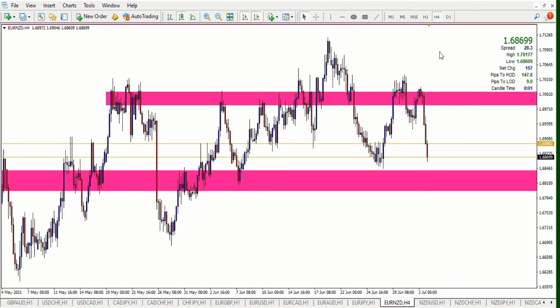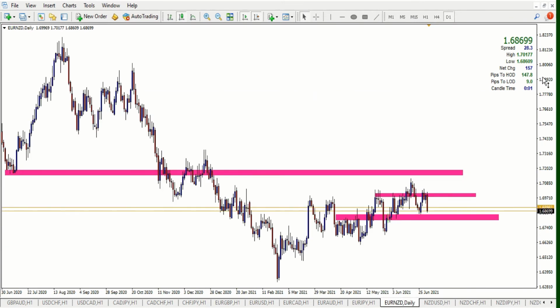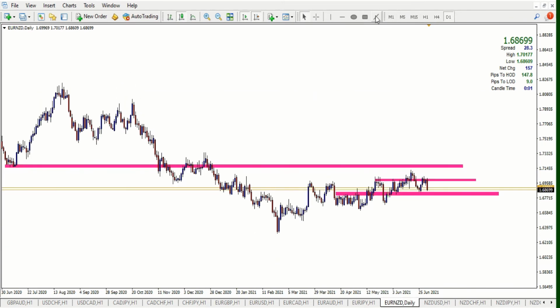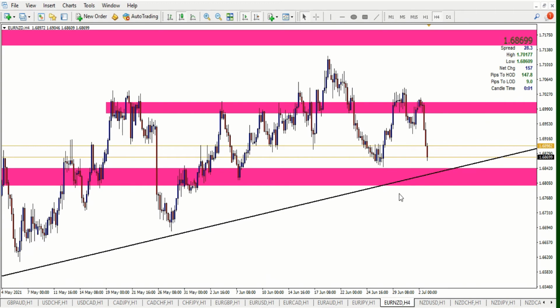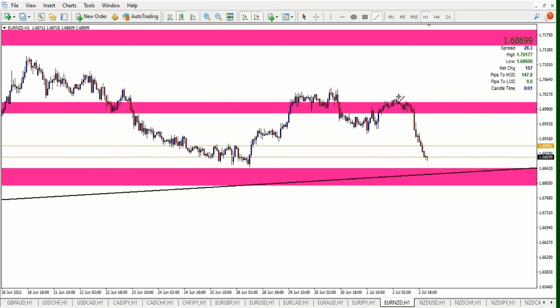Now for the Euro NZD, go to the daily. You can see that it's making higher highs and higher lows. The market's moving in an uptrend. So what you could anticipate is for the market to come to this key support resistance zone over here and bounce off it and make its way back up.